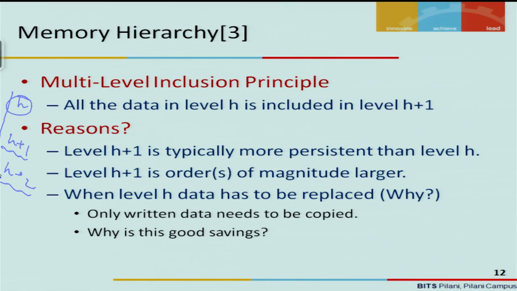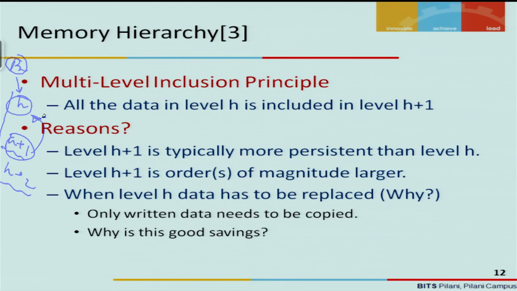How can we take advantage of this? The processor is accessing data from level H, the highest level, and level H cannot provide the entire set of data the processor requires, which keeps changing with time. Whenever new data is requested by the processor which is not available at the closest level, the data has to be moved from the next level to this level.